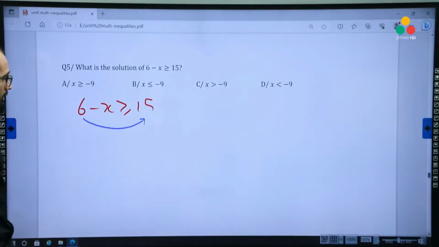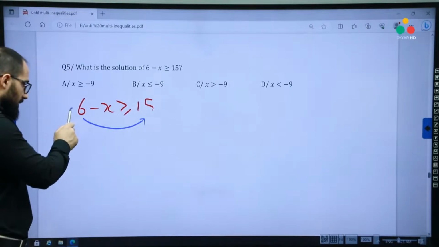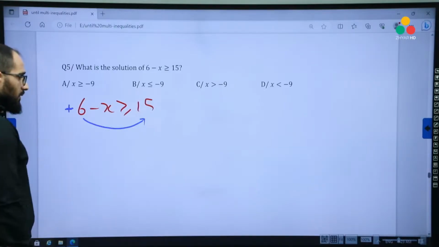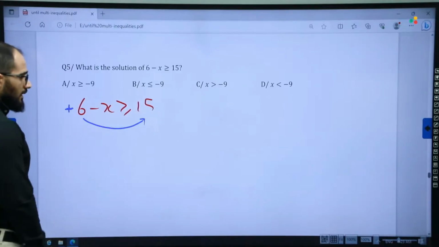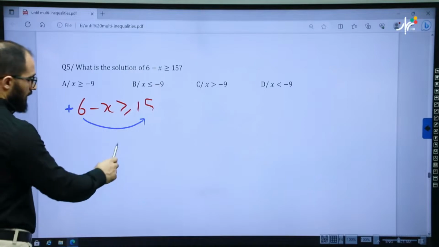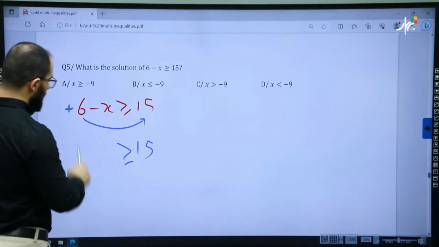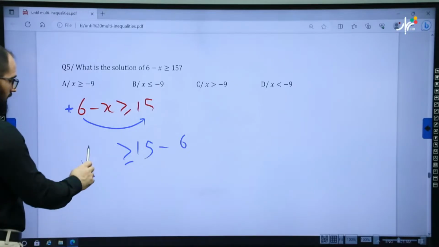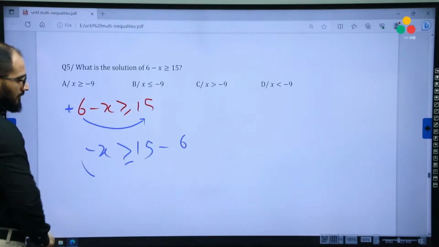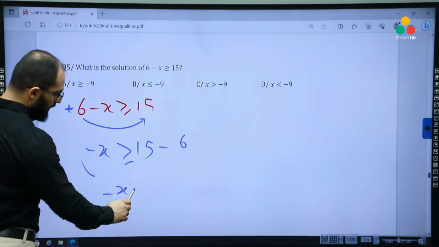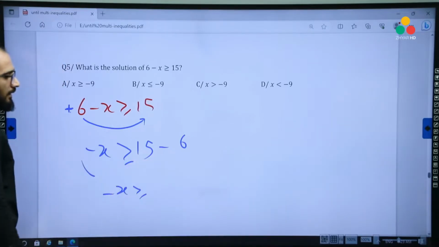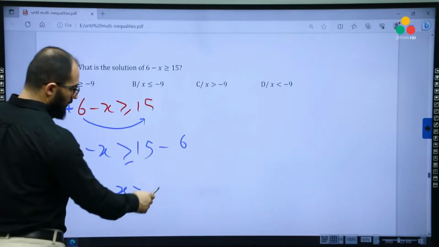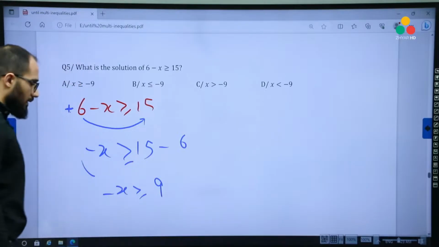As always, be careful, 6 is positive. The negative sign is for x, and it's going to be 15 minus 6. And also we have negative x. So negative x greater than or equal to 15 minus 6, which is going to be 9.